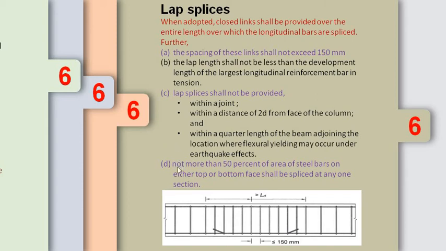Then, not more than 50% of the area of steel bars on either top or bottom face shall be spliced at any one section. This is the figure showing the lap splices. Now we were talking about these links. They should not be greater than 150 mm. Then moving to the mechanical couplers.